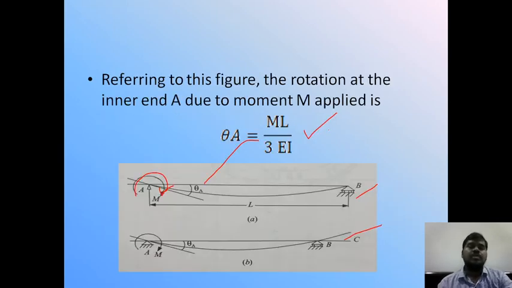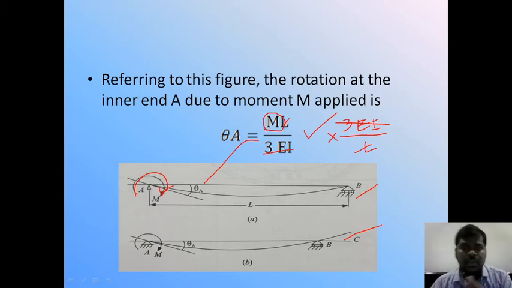Once you multiply with 3EI by L, this 3EI and this 3EI cancel, and L also cancels, and what remains is the moment, which is nothing but unit moment.